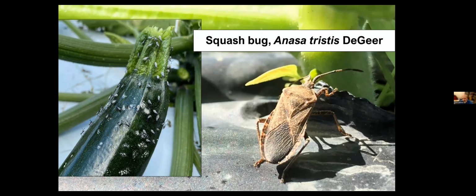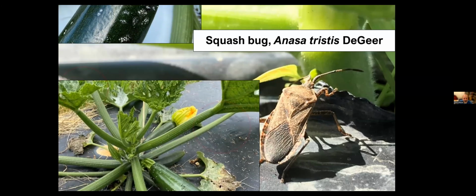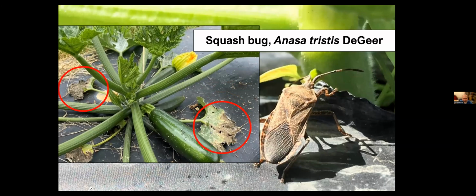And they've also been found recently to vector another disease. I'm trying to remember what it's called. Oh, geez. I'll get back to you on that. It's a bacterial disease. So when you see these leaves like this and the nymphs, you've got some trouble, and they love to hide in these holes in the black plastic too.